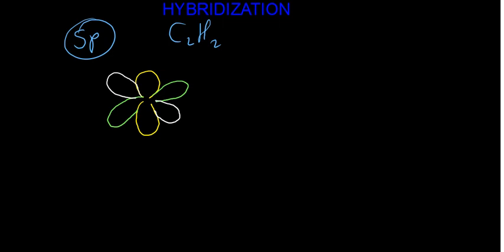Okay, like this. So this is the sp, this is also the sp, and then these others, this is the p, and then this is the p. Okay, like that.